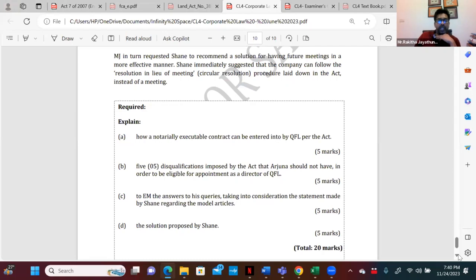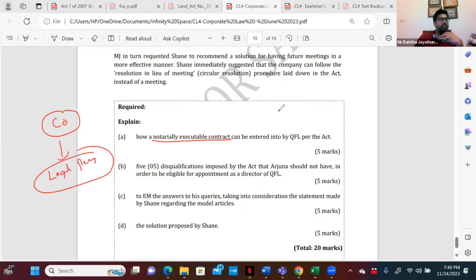How a notarially executable contract can be entered into by QFL. Notarially executable contract. I'm not going to explain the whole history. Now, a company is also a person. We call it a legal person.